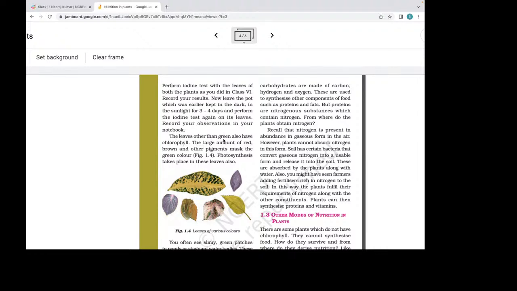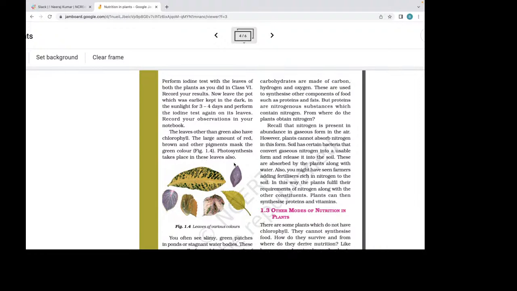The leaves other than green also have chlorophyll. The large amount of red, brown and other pigments mask the green color. Photosynthesis takes place in these leaves also. This has shown that the leaves of other colors also have chlorophyll.